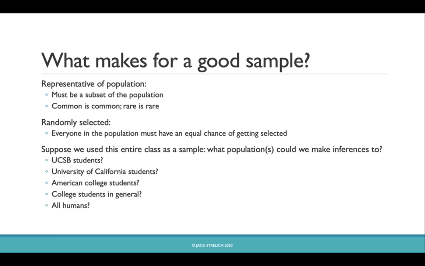All humans? Now, you might say that the appropriateness goes down the farther we get from UCSB, and I think there's something to that. At the same time, however, most psychological experiments draw on college students and usually try to generalize to the population of all humans that are currently living, or have ever lived, or will ever live. But that's neither here nor there.